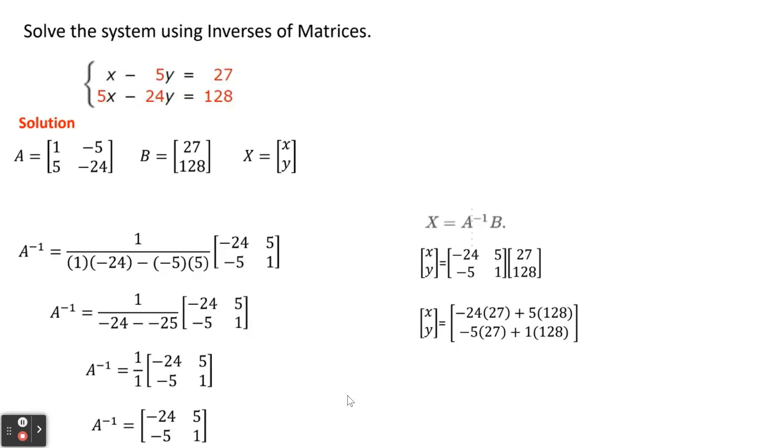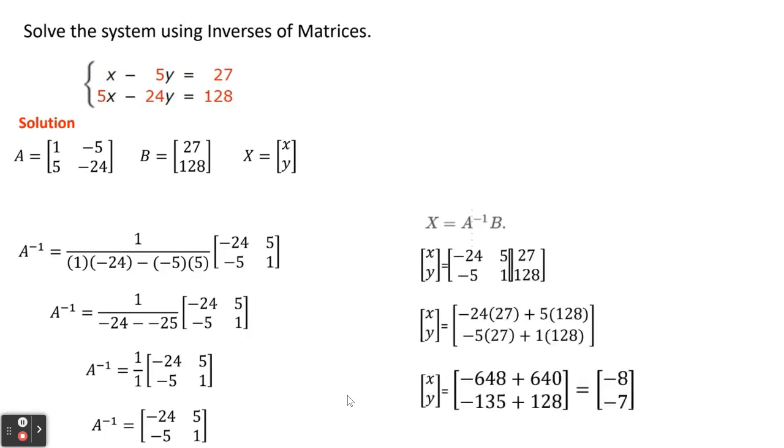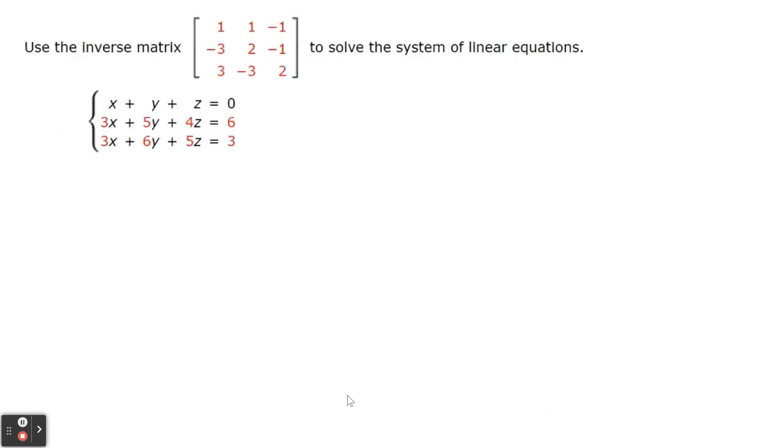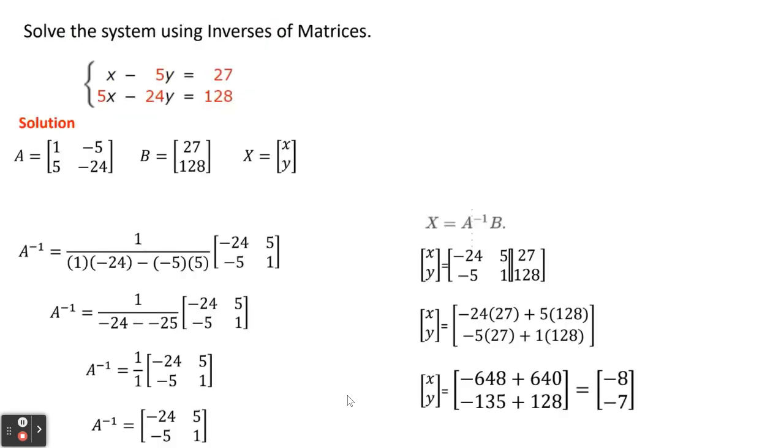And so that's going to be negative 24 times 27 plus 5 times 128 and negative 5 times 27 and 1 times 128. And so we get these big numbers, right? But when we subtract, simplify, we get that x is equal to negative 8 and y is equal to negative 7. Okay.